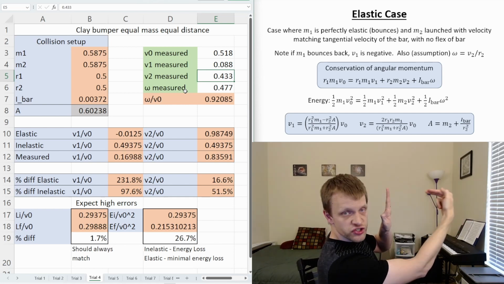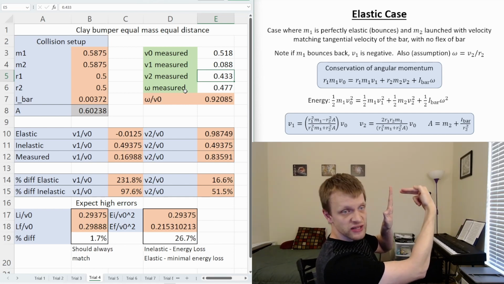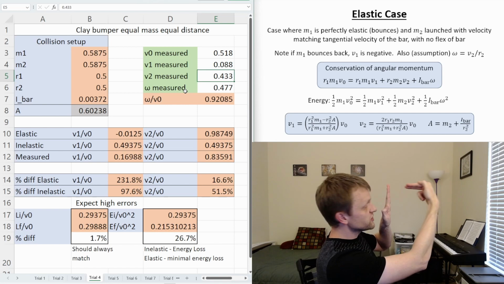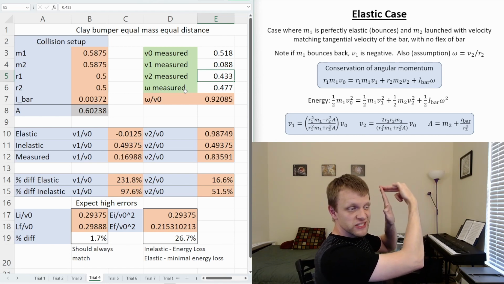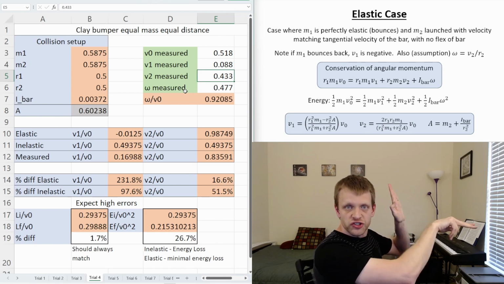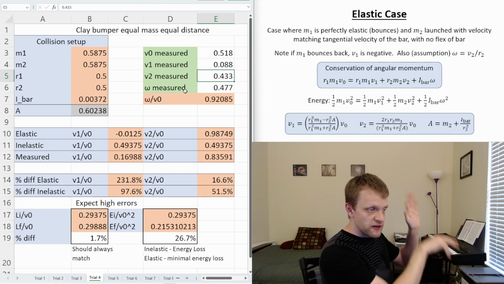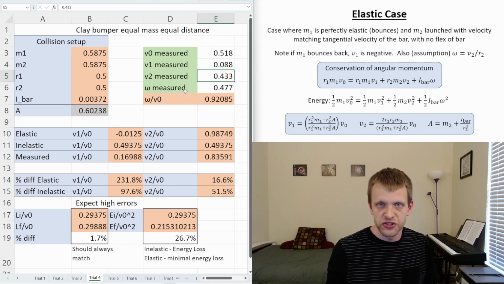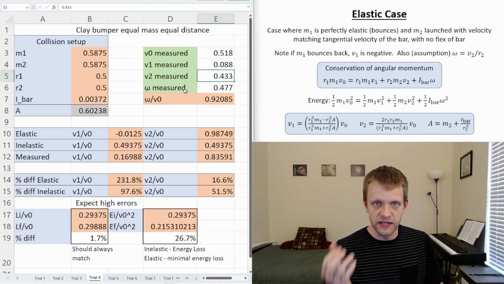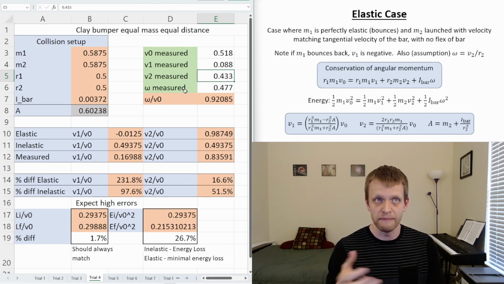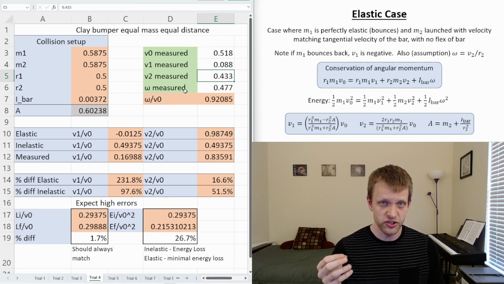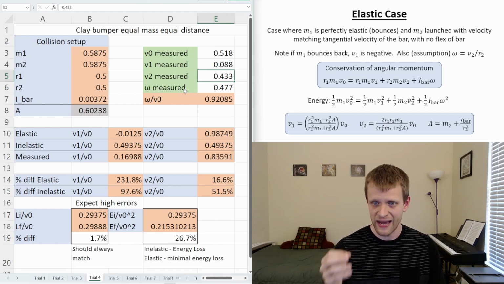When the original cart is going to the camera's left, it's moving in a particular direction. That cart basically stops and it launches the other cart in the opposite direction. If that other cart is moving in the opposite direction, that is a different momentum. Momentum has direction. We can't just say that the magnitudes of those momenta are going to be equal, because when we're using conservation of momentum, the direction matters.